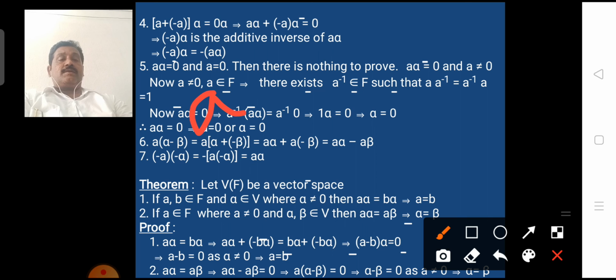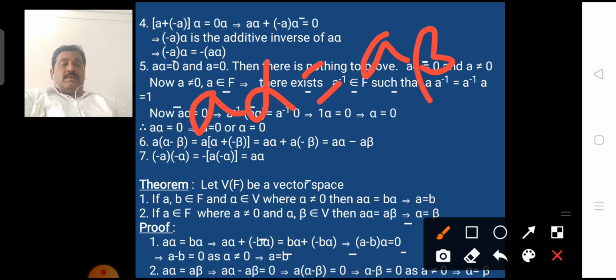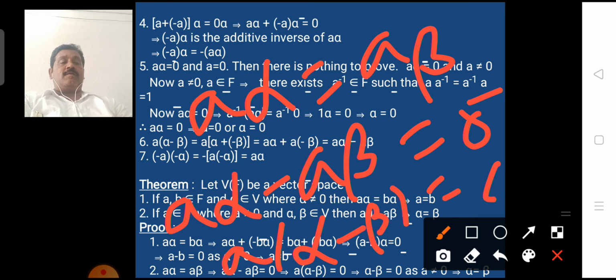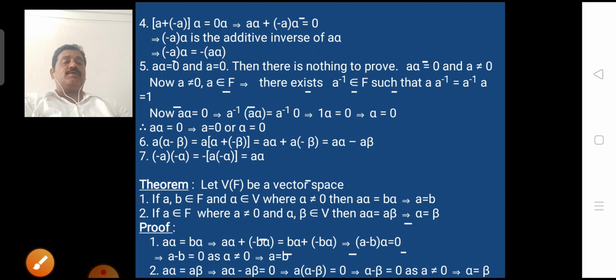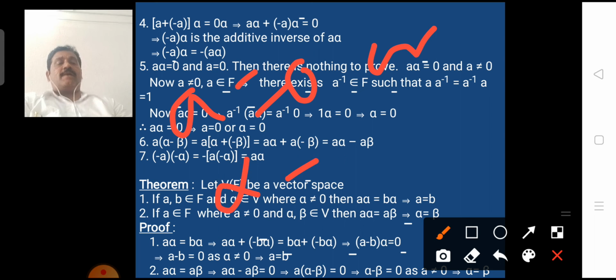And the second one, A alpha equal to A beta, then A alpha minus A beta equal to 0 bar. If we take common A, A into alpha minus beta equal to 0 bar. From this we write either A equal to 0 or alpha minus beta equal to 0 bar.